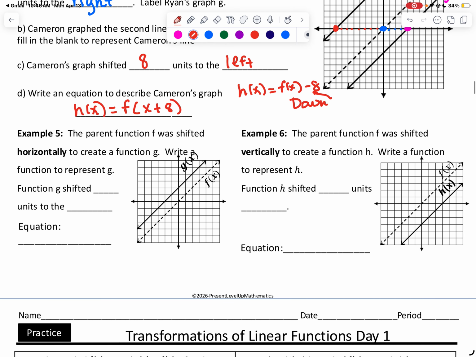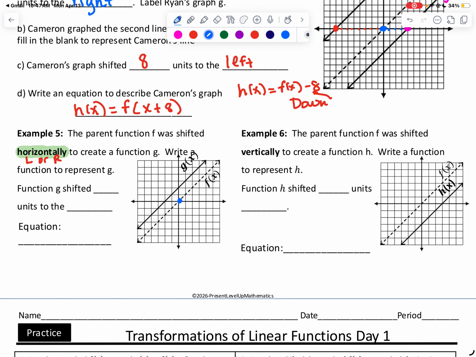Example 5. The parent function f was shifted horizontally. Now this word is very important because that means it can only move left or right. To create function g, write a function to represent g. So function g shifted blank units to the blank. So here's our parent function.